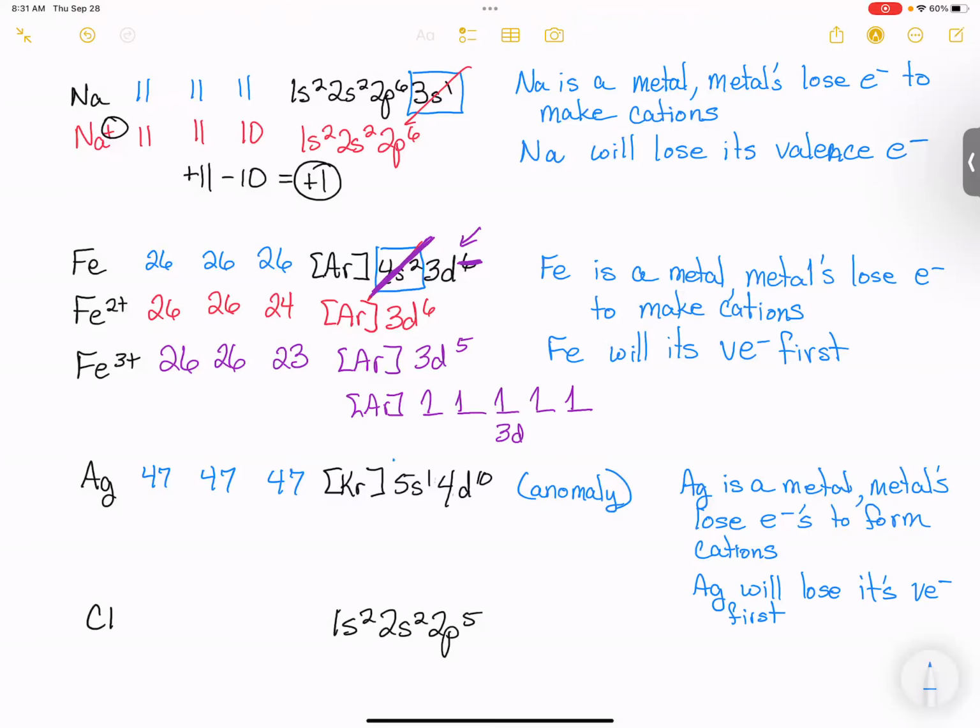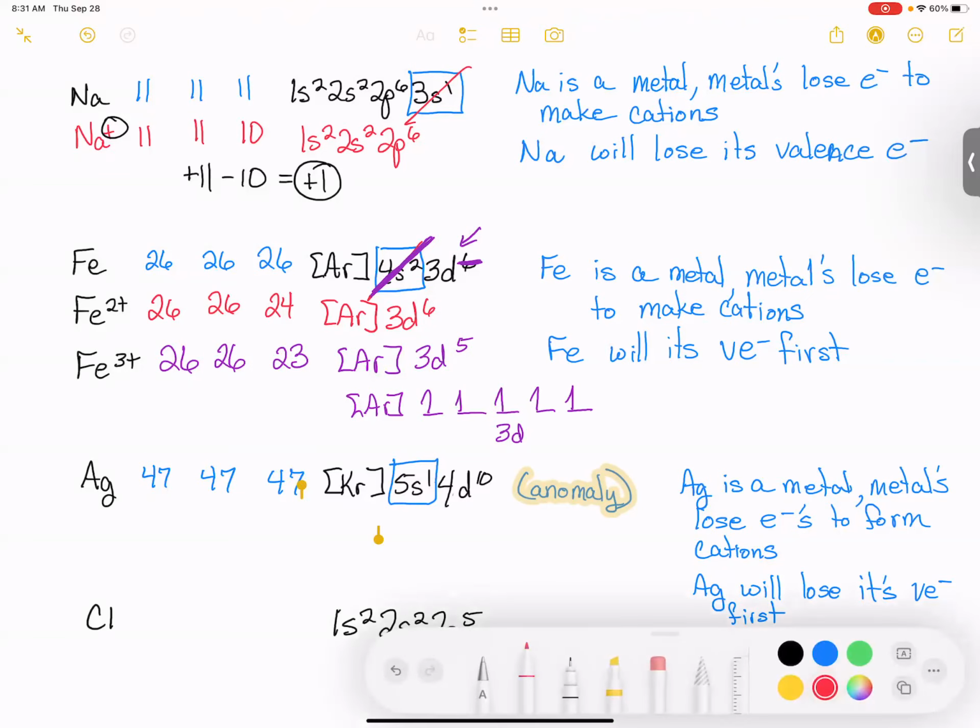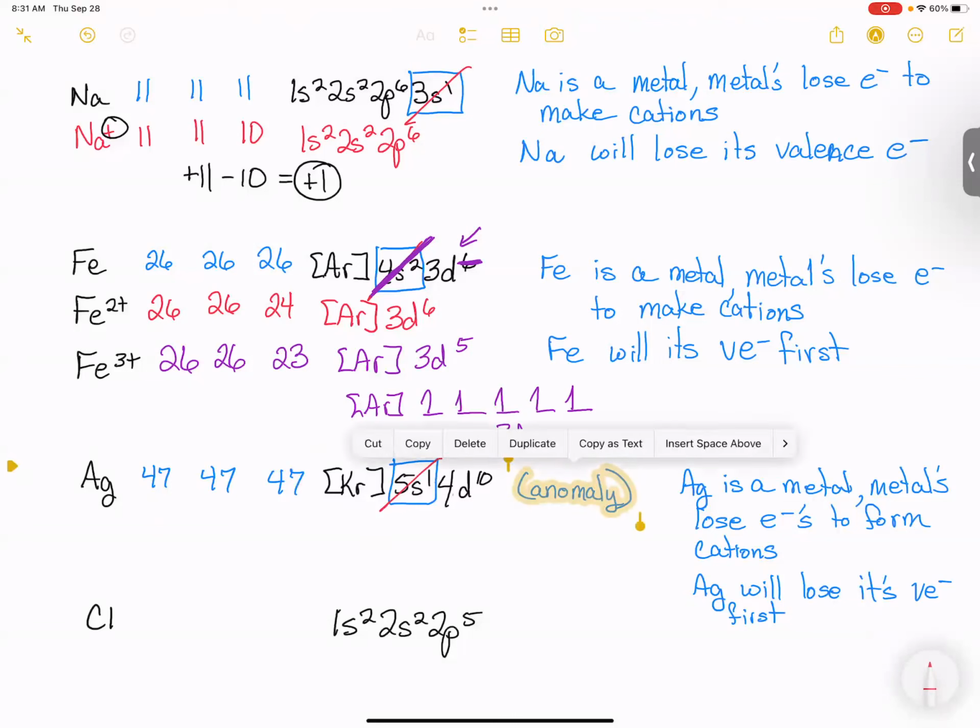So silver is going to lose that 5s1 first because 5 is the highest shell. So when we make a silver ion, we have 47 protons, but now we have 46 electrons.